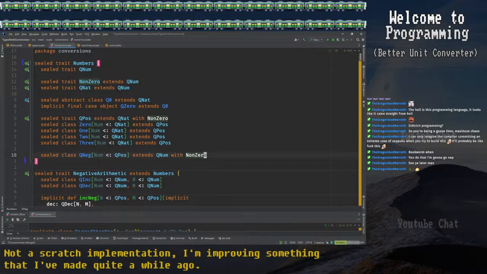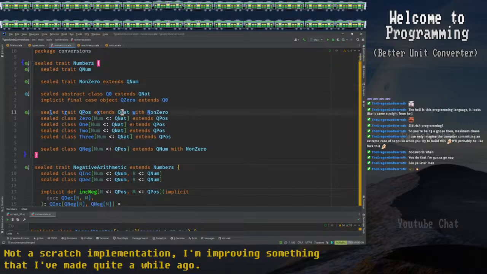There we go. So we want qnum with non-zero. There we go. That should make... this is not good. Well, I think non-zero is actually redundant. No, non-zero is not redundant. What is redundant is qnat. We don't need qnat.